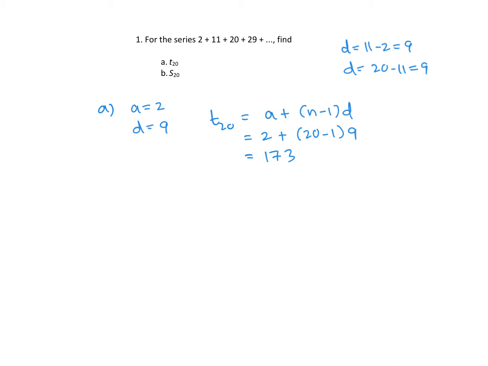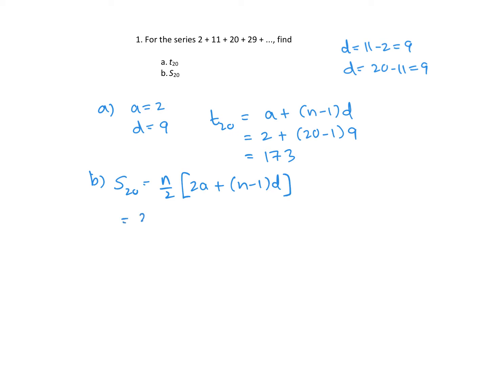In part B, it wants me to find the sum of the first 20 terms. I don't want to have to write out 20 terms and then add them individually, so I'm going to use my sum formula. The sum formula is n over 2, then we have 2 times the first term, plus n minus 1 times the common difference.